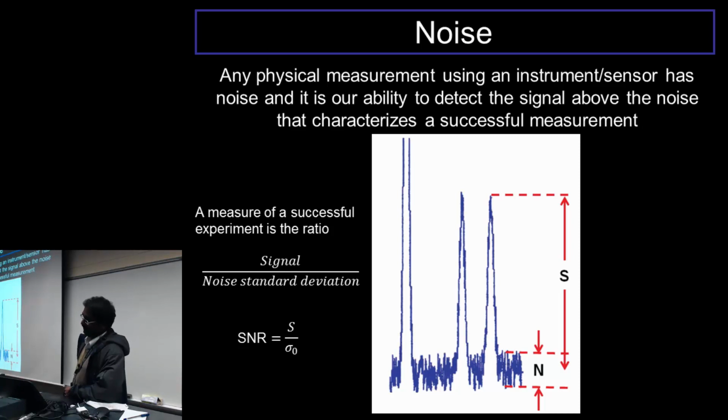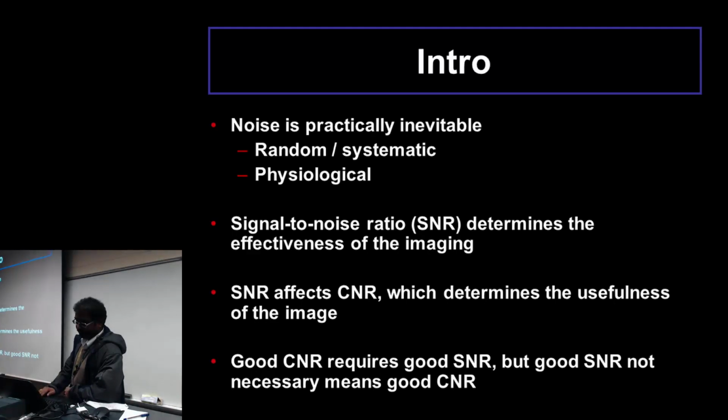So this is noise where there is some signal. This is just an arbitrary example. We haven't really talked about what the nature of noise is in MR itself. So where is the noise coming from?